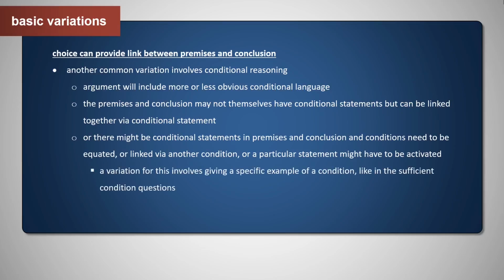A variation of this involves giving a specific example of a condition, once again like in the sufficient assumption questions. So this first variation of necessary assumption questions is very similar to the sufficient assumption question types, in the sense that you're essentially bridging the premises and conclusion.